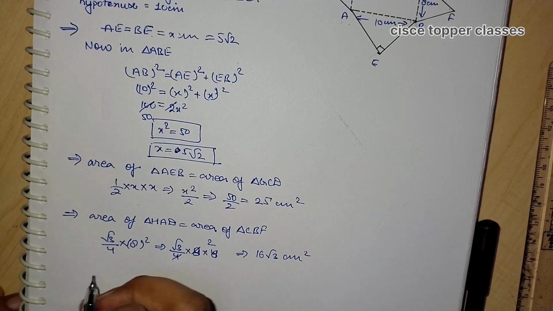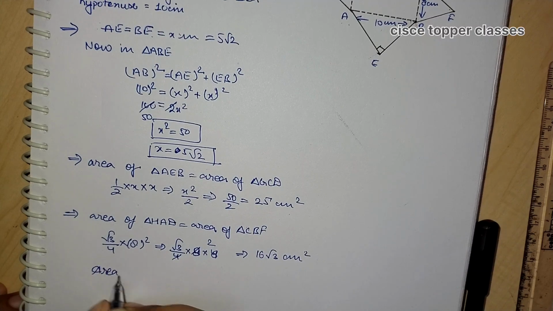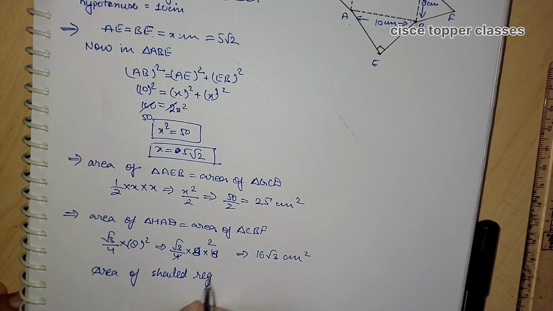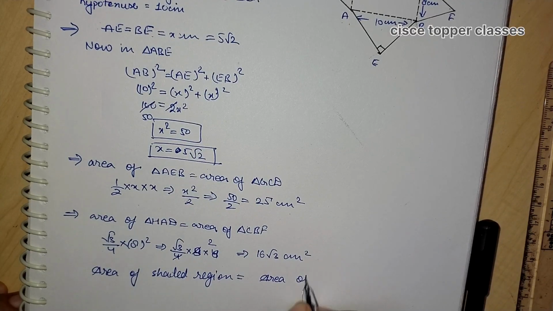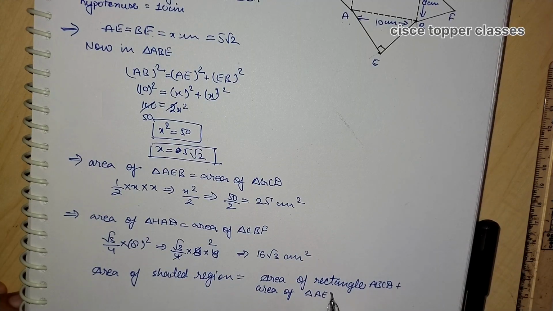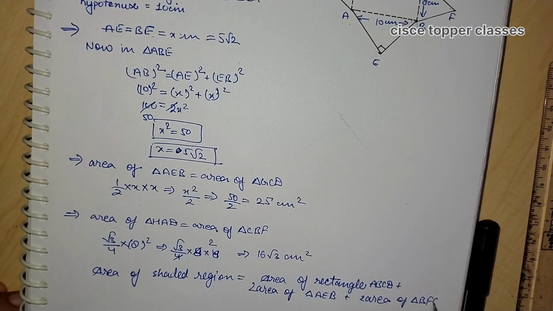Now we have to find the area of the shaded region. So area of shaded region here will be area of rectangle ABCD plus area of triangle AEB plus area of triangle BFC.